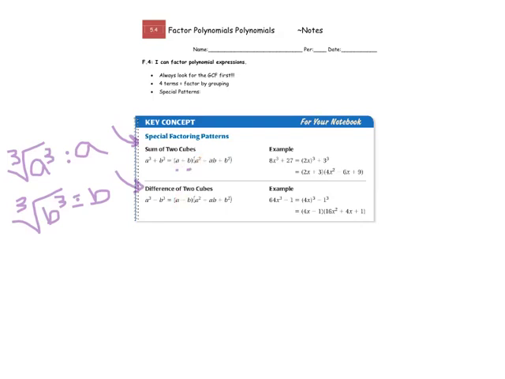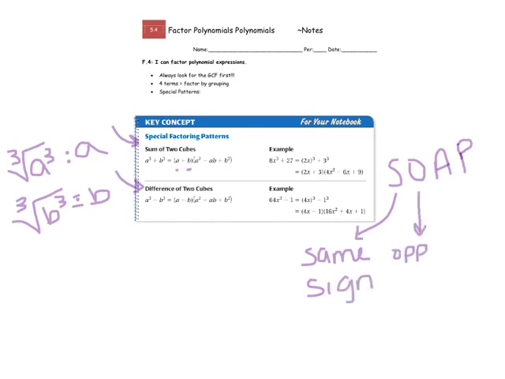To remember those signs, you're going to use this acronym, SOAP. All right, SOAP stands for, the S is the same sign, the O is the opposite sign, oops, that's O, and then the AP is always positive.